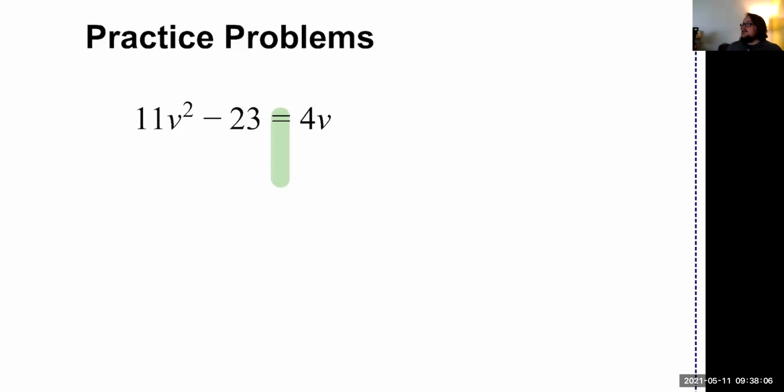What would you recommend we move to get it set equal to 0? I would agree. I'd like to move as few pieces as possible. How would you move that 4v off of the right-hand side? Subtract it. Now, whatever you do on one side, you have to do it to the other. But are there any like terms on the left-hand side?